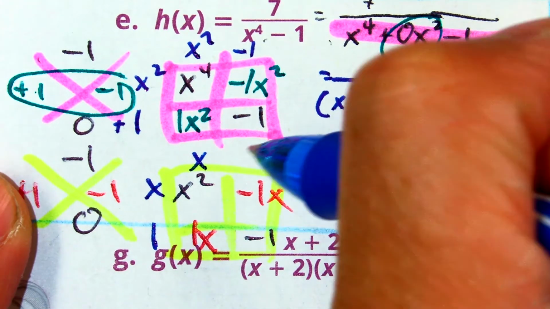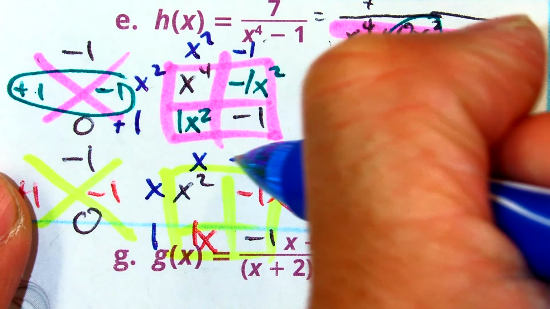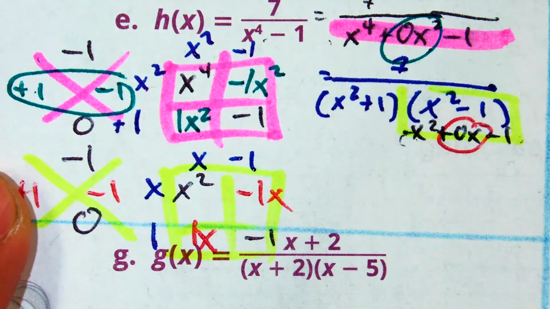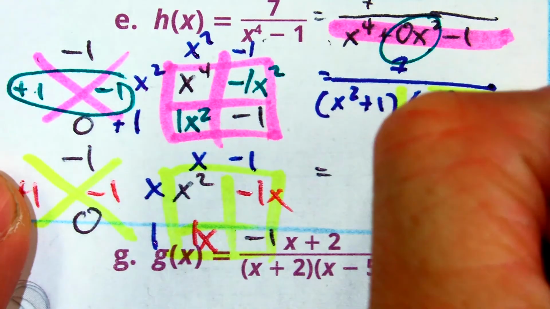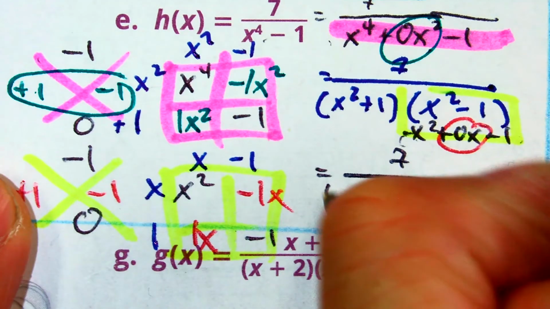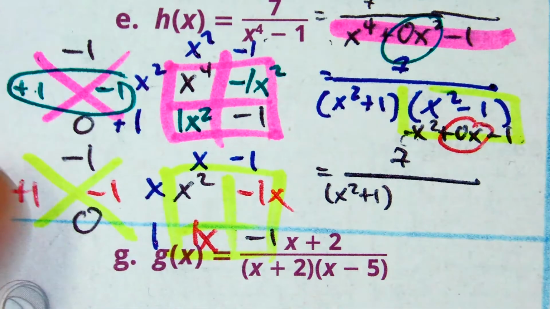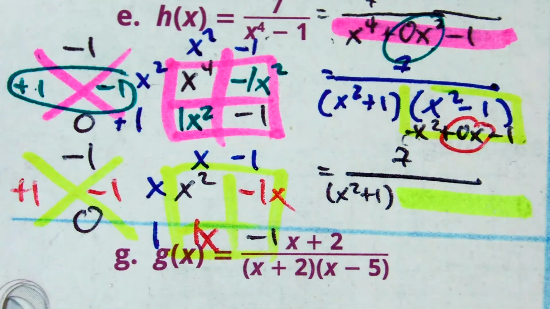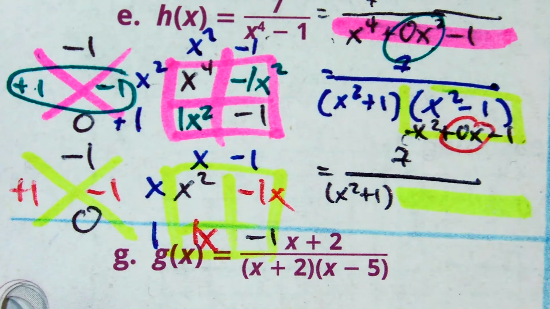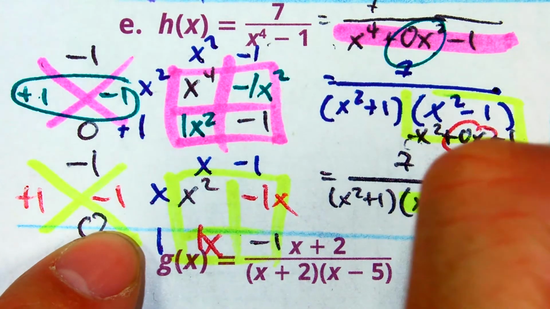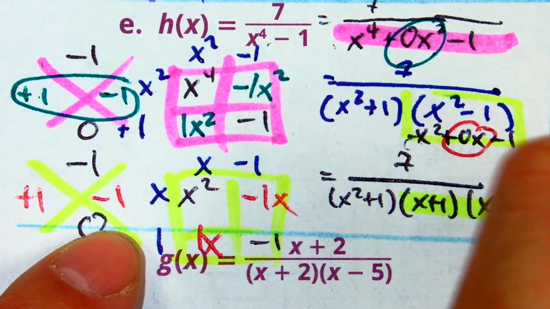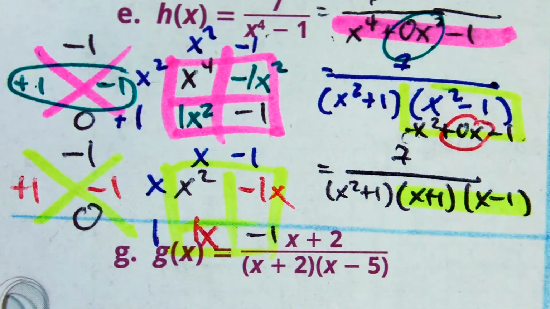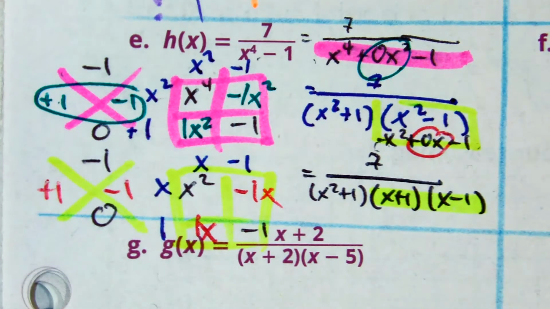Good job. So now when I write this out, 7 over x squared plus 1, and in yellow, that became x plus 1, x minus 1. We did all that work to make sure that was factored, and that was what you would learn last chapter, so that was a prerequisite skill.